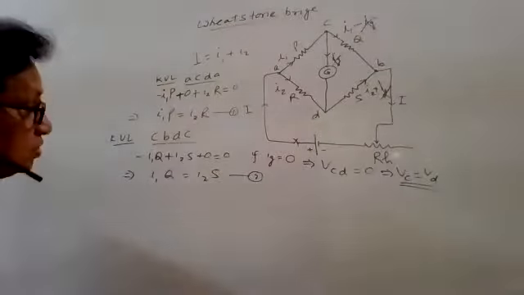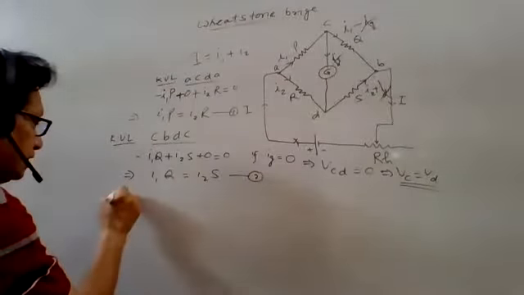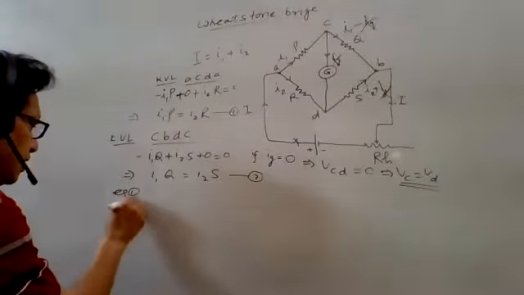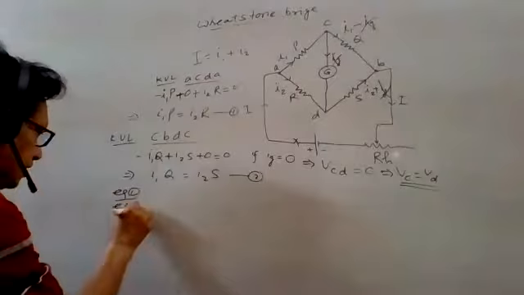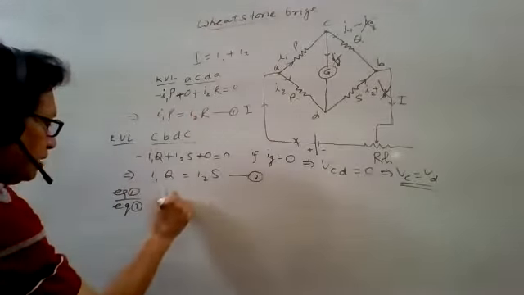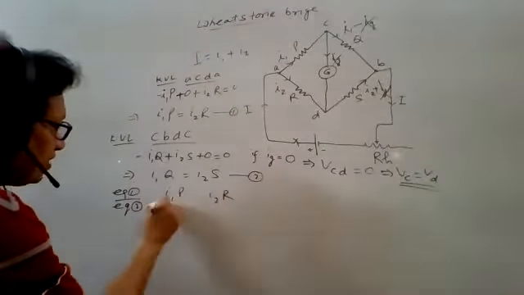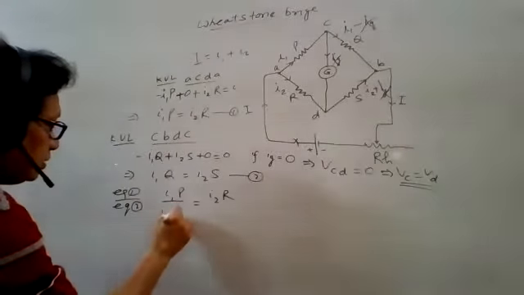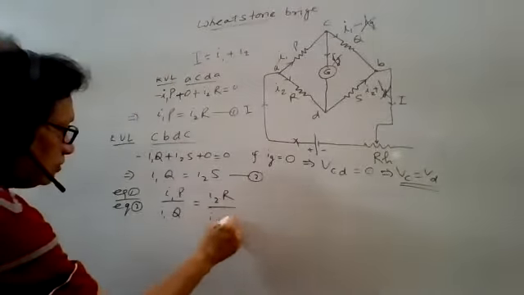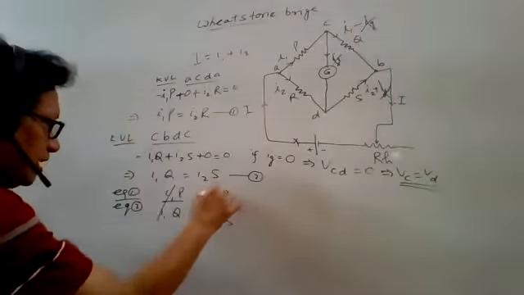From equation 1 and 2, if we divide equation 1 by equation 2, we get this result: I1P over I2R, and here I1Q over I2S. It means I1, I2 cancel out.